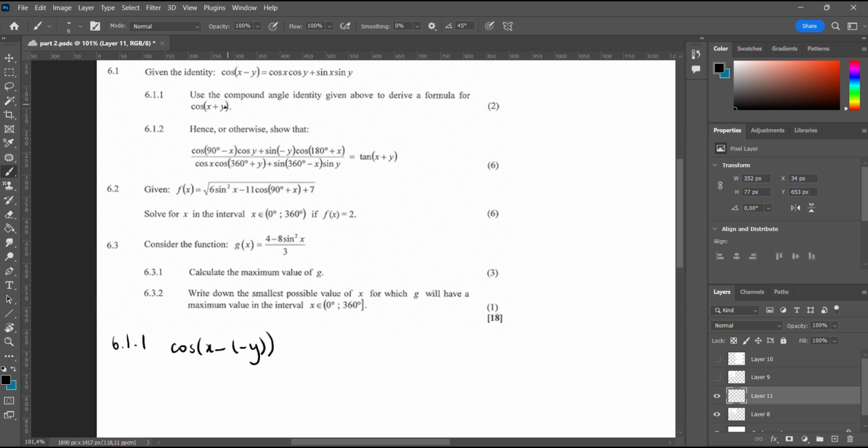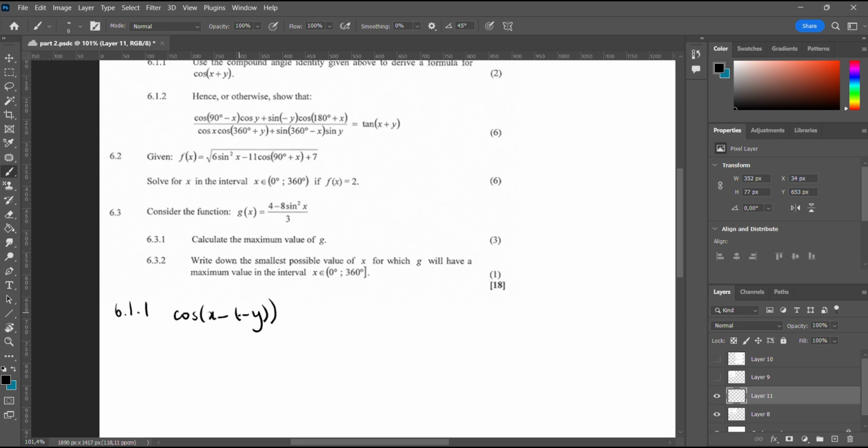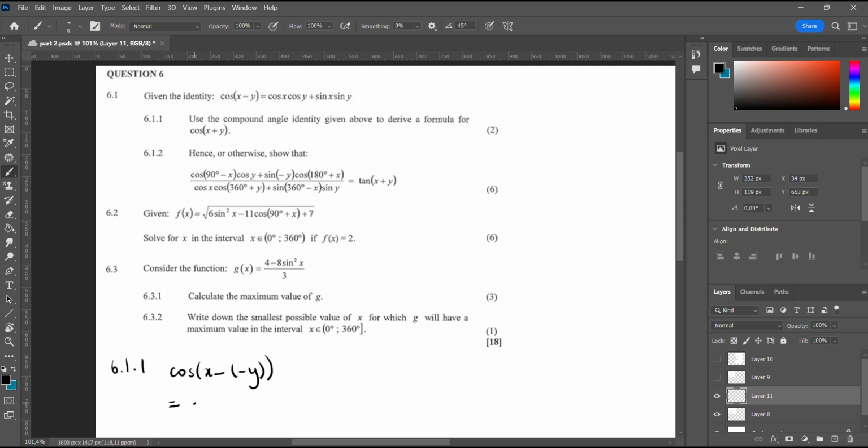That would equal cos of x plus y, and we're gonna treat this as its own function. So what do we know? We're given that cos of that, so it'll be cos x cos minus y plus sine x sine minus y.